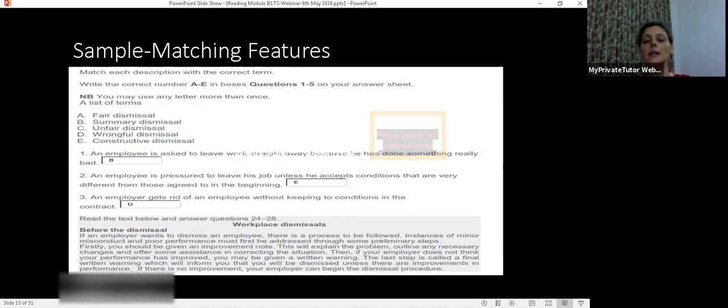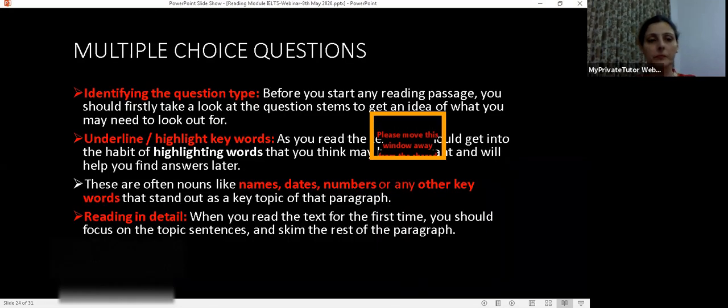So this is the most suitable option for this blank, and we place it over there with B. Option B, summary dismissal, is the most suitable for this blank. So you are going to take this strategy and tip for the other questions also.